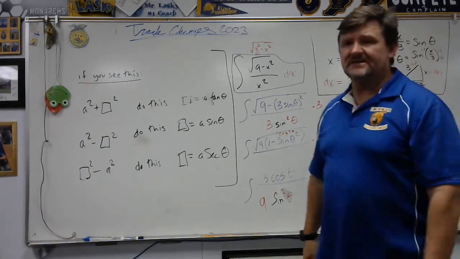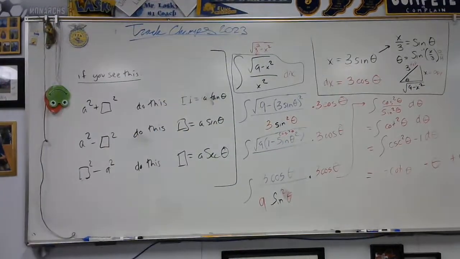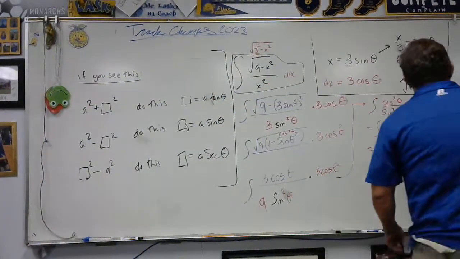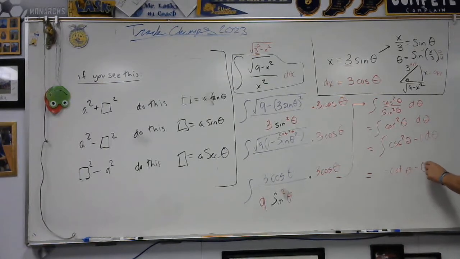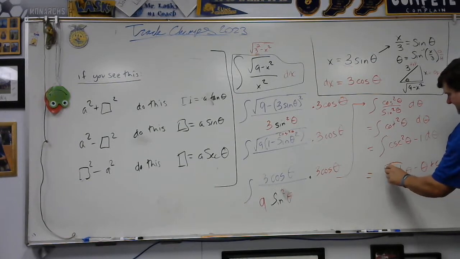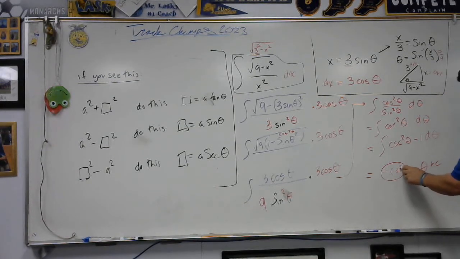Let me double check and make sure the camera's on point here. That's a little too far over, so let me rewrite that: minus theta plus c. Now I need to find out what cotangent is here.